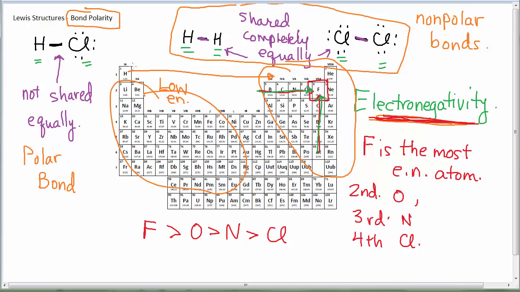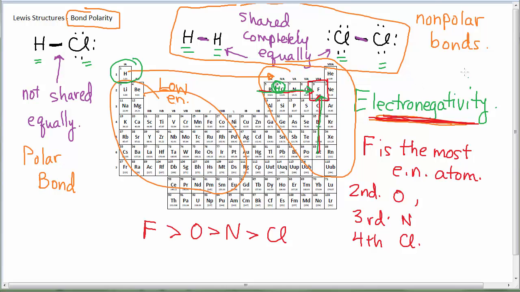All right, hydrogen, which of course shows up over here, is on the periodic table about where carbon is. So hydrogen sort of sneaks in on any scale around the same place as carbon. Hydrogen and carbon's electronegativities are actually very, very close to each other, which means even though it is technically a polar bond in the sense that they do not share completely equally, they almost share equally.